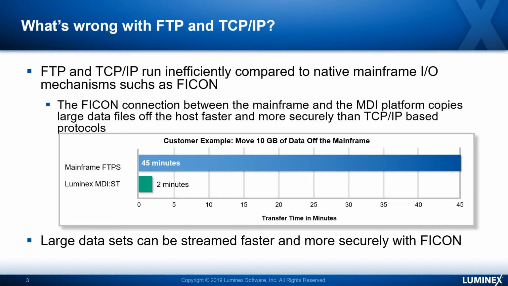We take that data off the mainframe much faster than you're going to expect from using the TCP/IP stack on the mainframe, and then we handle the translation into TCP/IP across the network, sending things to Kafka. This allows much larger data sets to be streamed and is much more secure using FICON than it would be if we were to use TCP/IP directly off the mainframe. This allows us to keep port 21 closed on the mainframe.